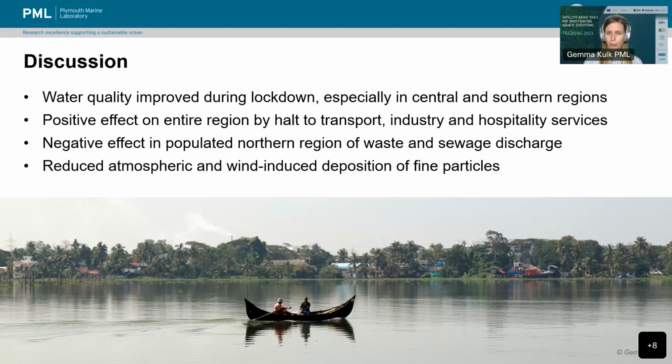A halt to transport, industry, and hospitality services could have had a positive effect on water quality in the entire region, while the confinement of people to their homes during lockdown may have led to increased domestic waste and sewage discharge in highly populated areas in the north of Lake Vembanad. Other processes, such as reduced atmospheric and wind-induced deposition of fine particles, may have further contributed to an improvement in water quality.